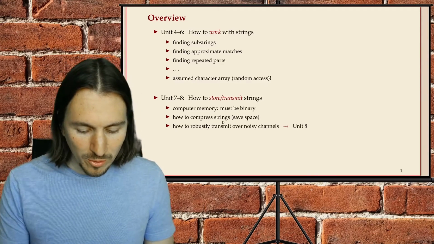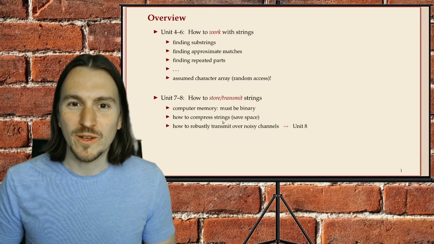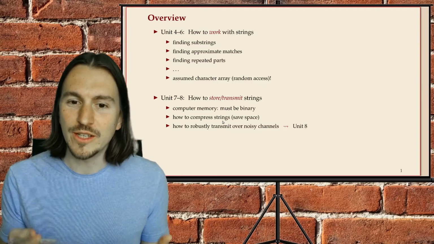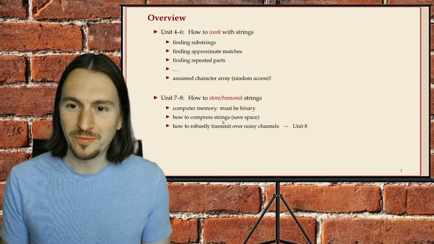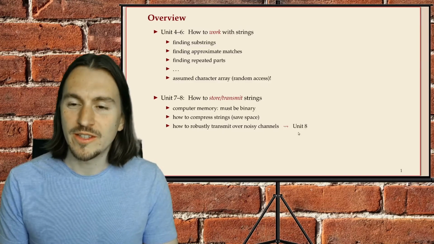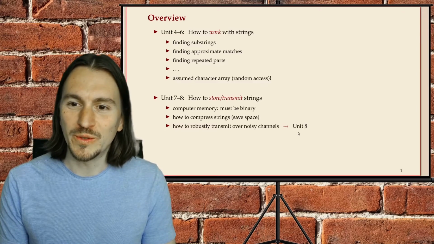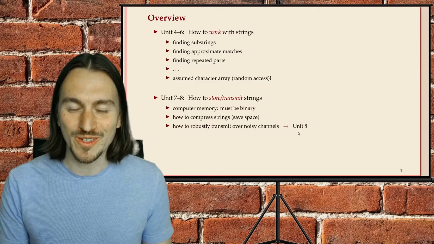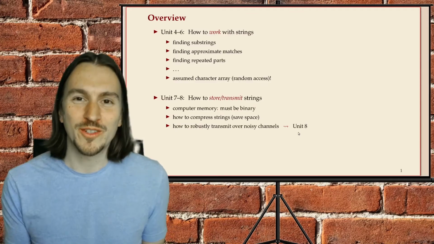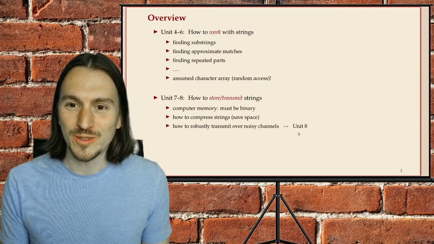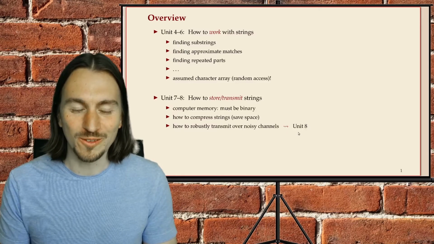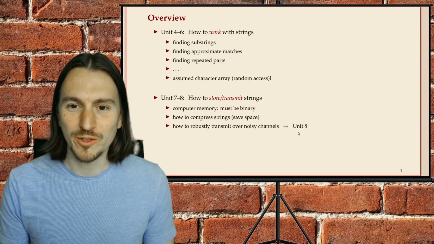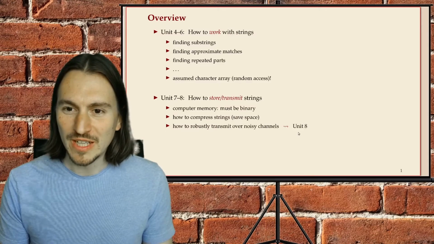But then the more important and more interesting aspects come into play when we try to store strings with the least amount of space possible. And in Unit 8, we will also look at how to transmit strings over noisy channels, when there's a communication channel that introduces bit flips and little mistakes. How can we still guarantee reliable transmission with very high probability?